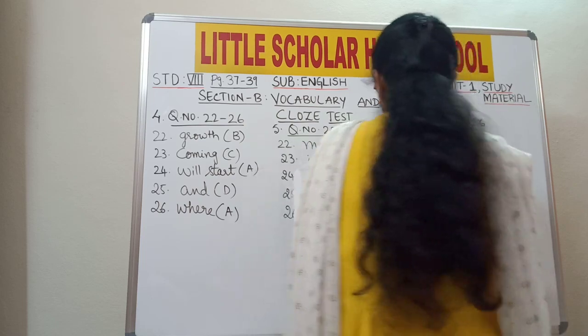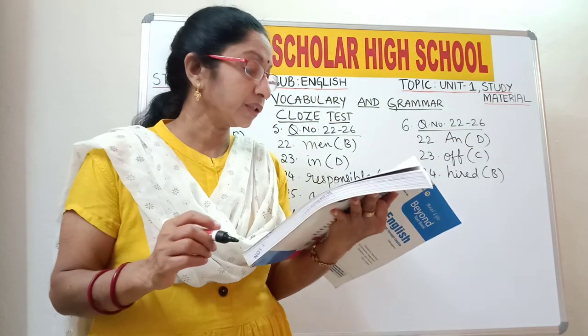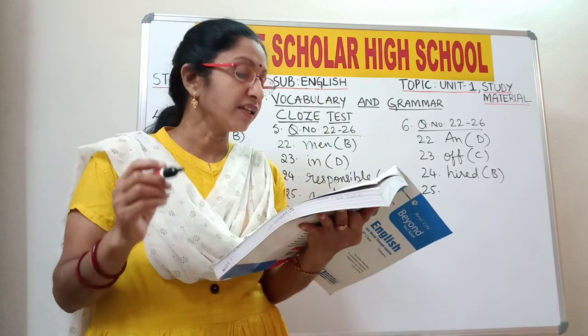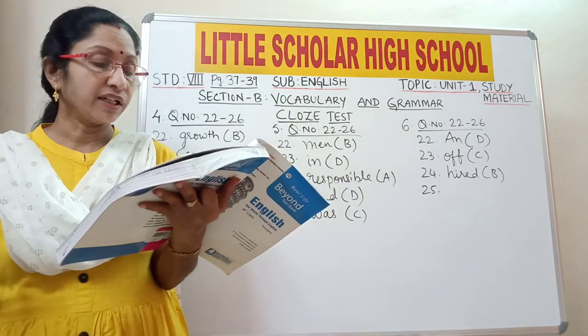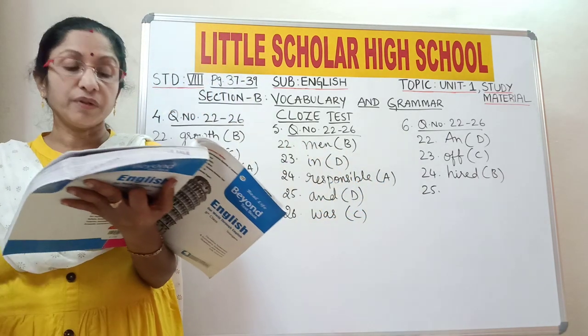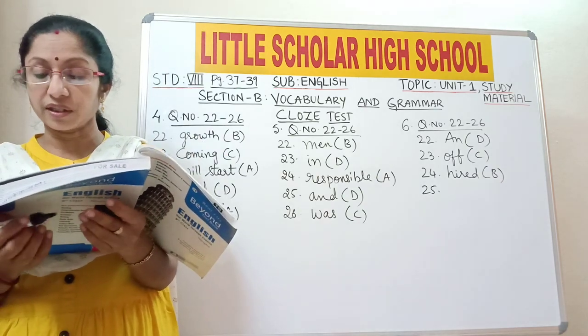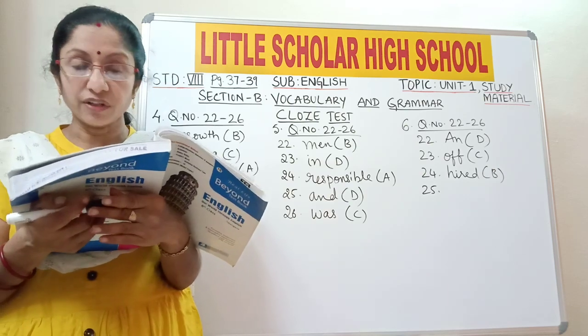Now question number 25. At first everything went on dash, but suddenly the weather changed and he found himself in the middle of a tropical storm. Option A perfectly, option B perfect, option C perfection, option D more perfect. Perfectly is an adverb.